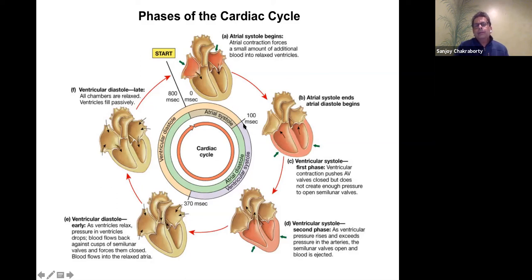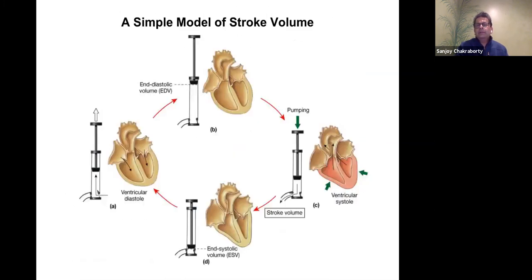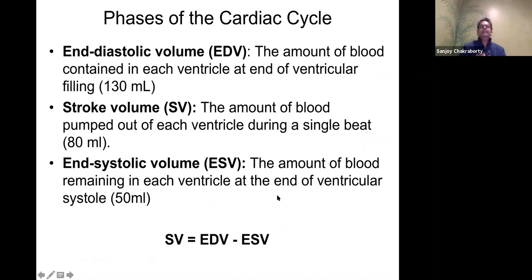At the end of the ventricular diastole, the ventricle is filled completely, because by that time the atria undergo contraction, or systole. So that volume we call EDV, end diastolic volume: at the end of the diastole, the ventricle is completely filled with blood.